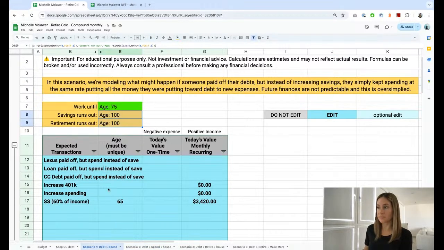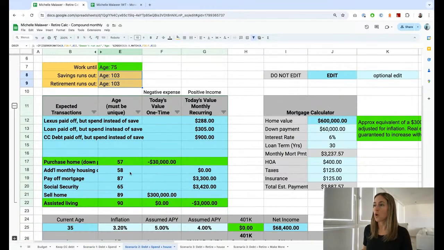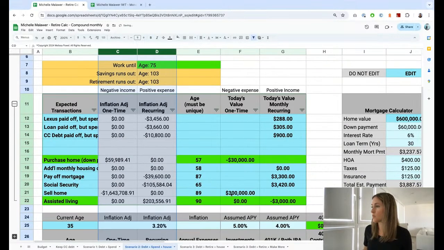So whether you rent the whole time, assuming your rent is controlled and increases at that rate, or whether you buy, it's kind of the same. Even selling the home, adjusted for inflation, a $300,000 home would be $1.6 million.